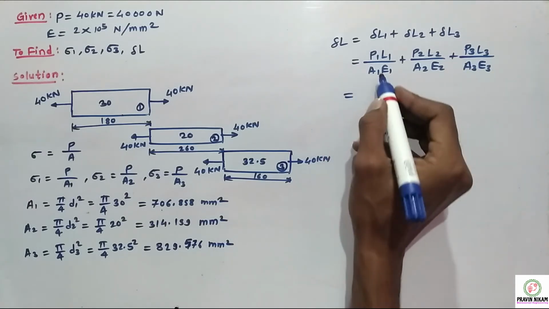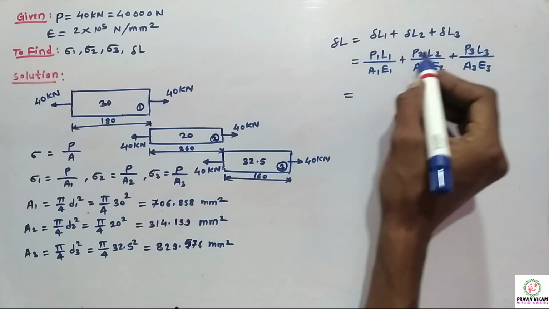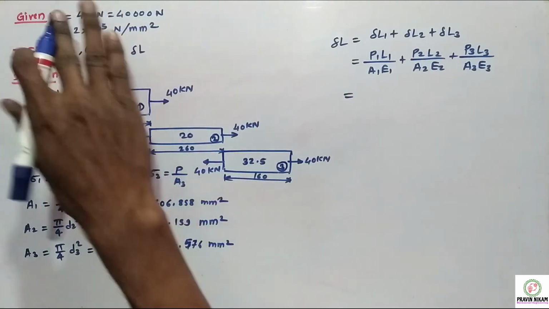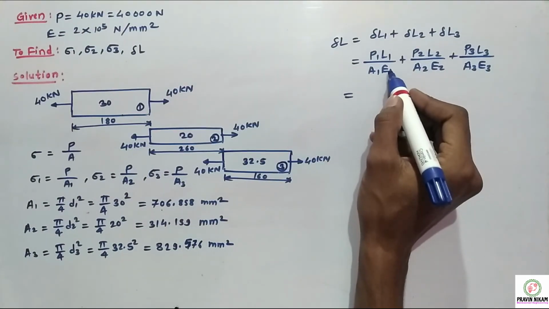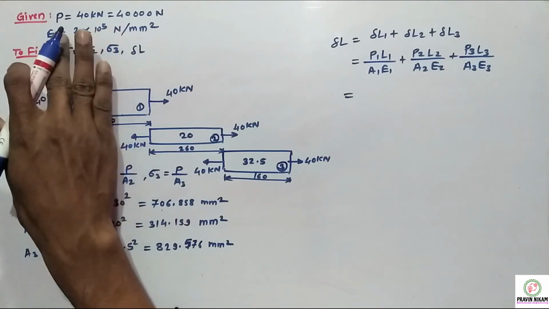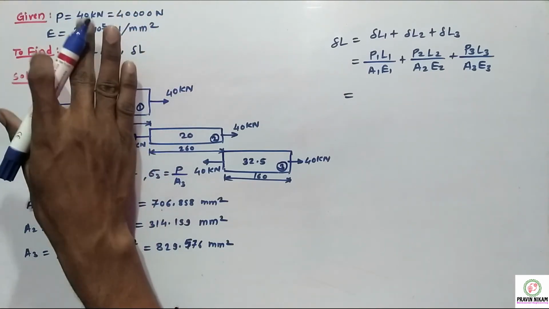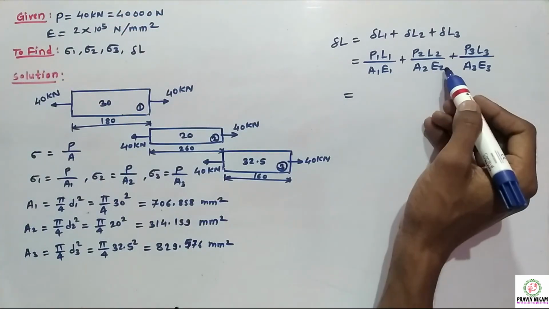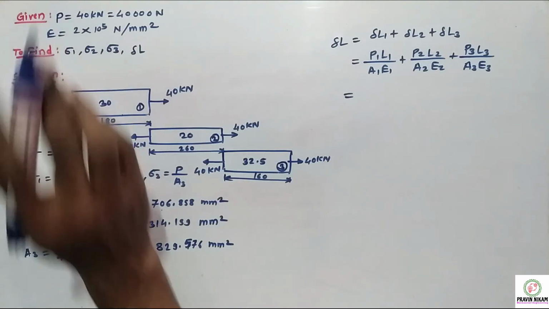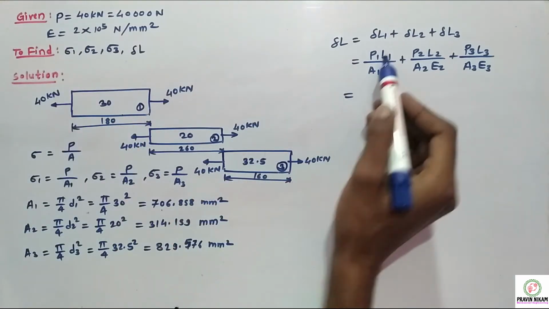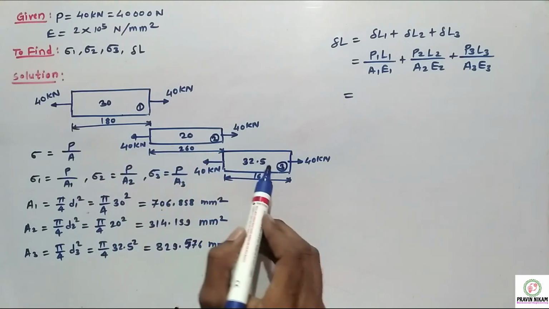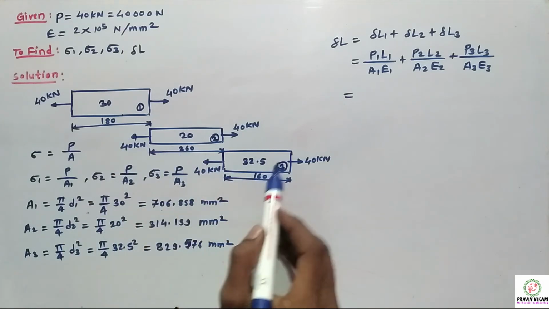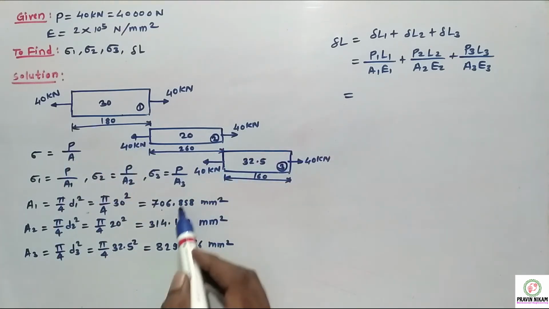Now here P is same. So P1 is equal to P2 is equal to P3 is equal to P. And E is also same because only one E is given. So E1 is equal to E2 is equal to E3 is equal to this E. Now different is what? Only length is different for 3 sections and area is different for 3 sections.